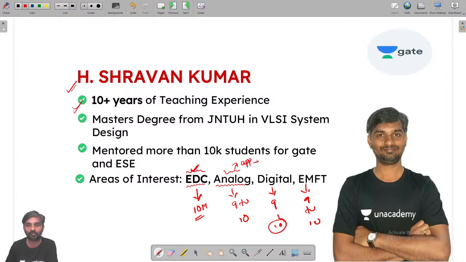Next, digital. We'll finish it once we complete EDC and analog, or in parallel. We'll see the structure later, and we'll try to discuss it as early as possible.